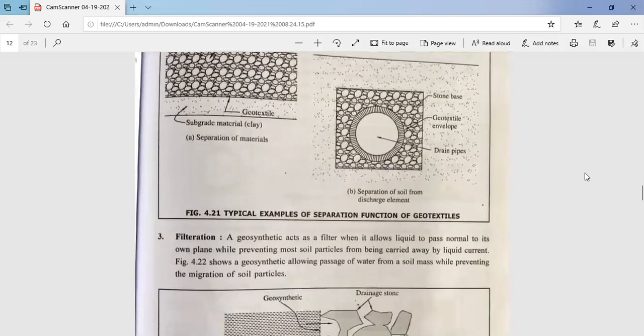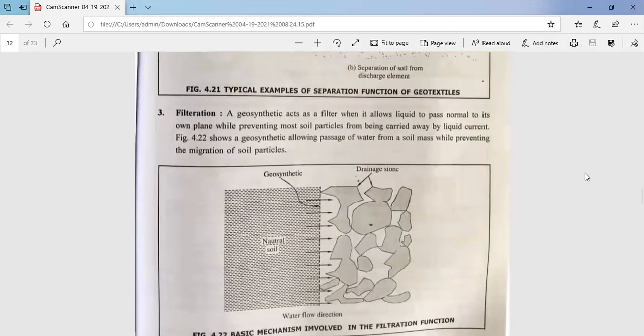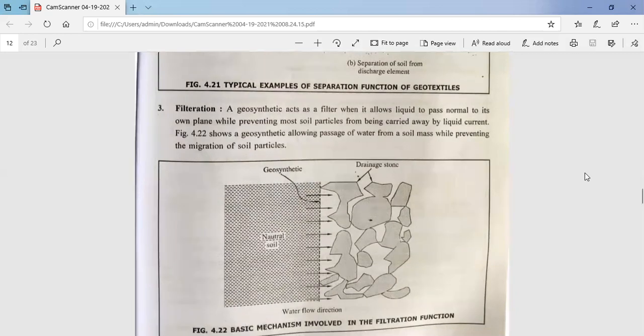Third one is filtration. A geosynthetic acts as a filter, which allows the liquid to pass normal to its own plane while preventing most soil particles from being carried away by the liquid current. The figure shows the geosynthetic allowing passage of water from the soil mass while preventing the migration of soil particles.